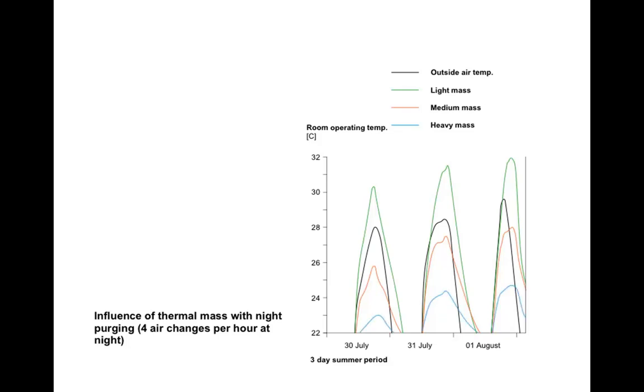And if we now switch on our heavy thermal mass, and heavy thermal mass would mean ceiling, floor and walls are heavyweight, and you get this huge improvement whereby your internal temperature might be 25 and your external temperature might be 30.